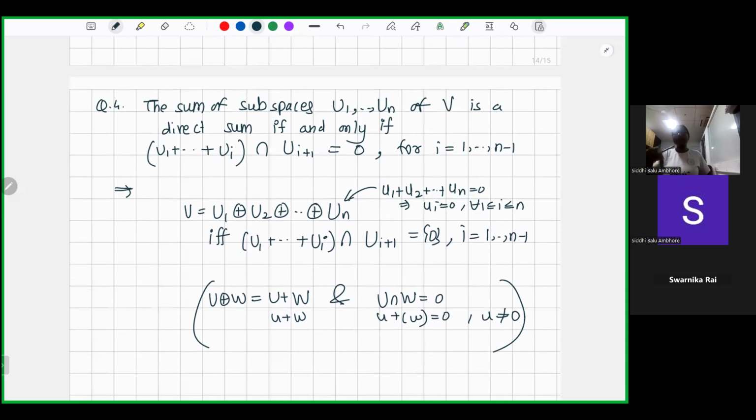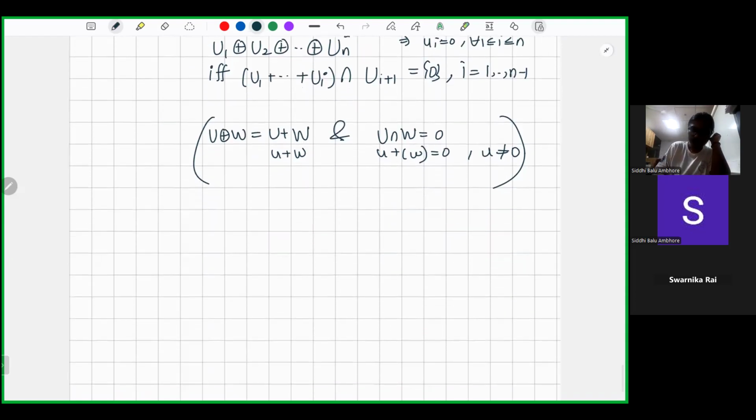So when we write direct sum, it also means that if there is some vector belonging to this direct sum, then it can be written as a unique linear combination of these u1 to ui's. No other such linear combination is possible for that. So we will use that fact here to prove.